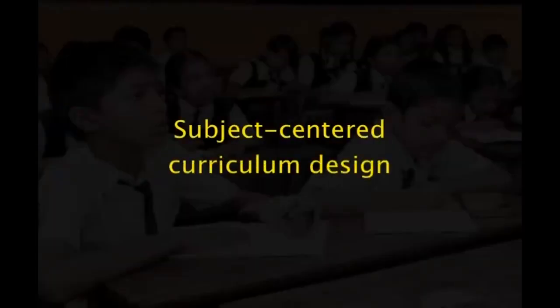Next is the subject-centered curriculum design. The subject-centered curriculum design organizes the curriculum into a variable number of subjects, each of which purposefully represents a specific or homogeneous body of content.